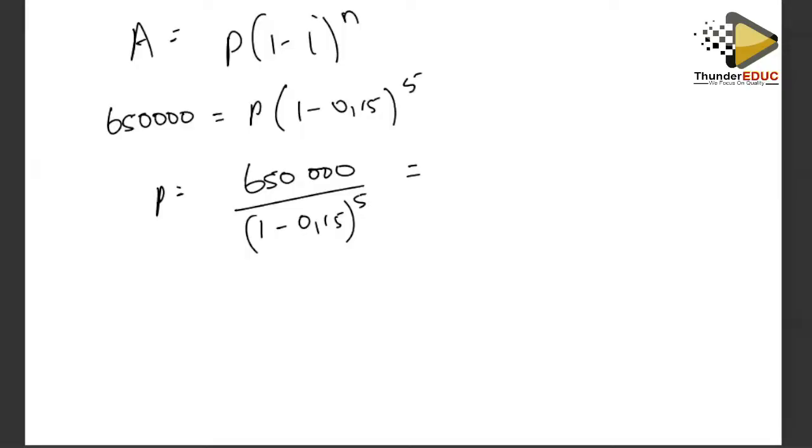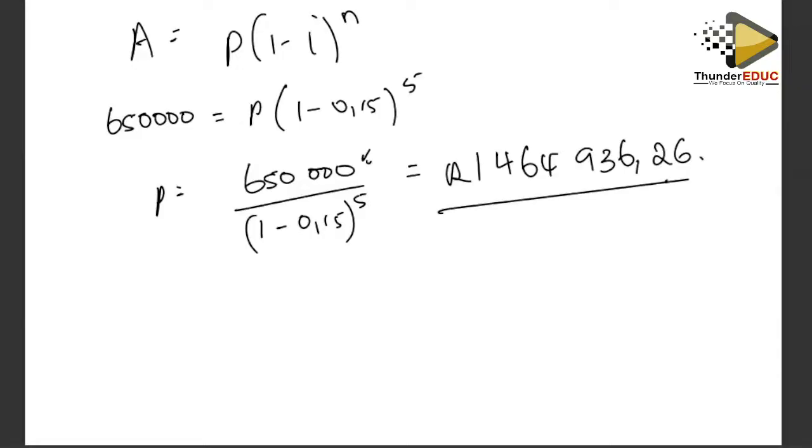Did I say smaller? It's supposed to be more, because remember, it just decreased to this much. Okay, so we're going to get 1,464,936.26. So 1 million and all those numbers.